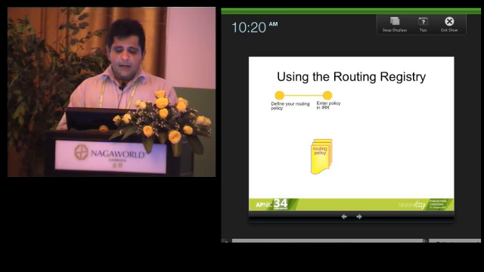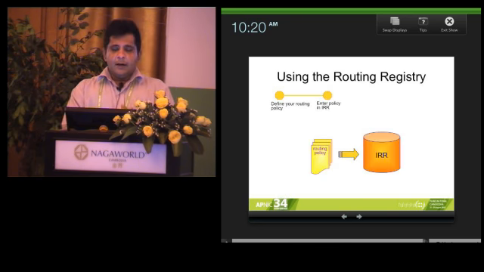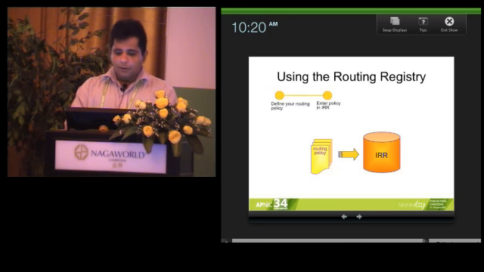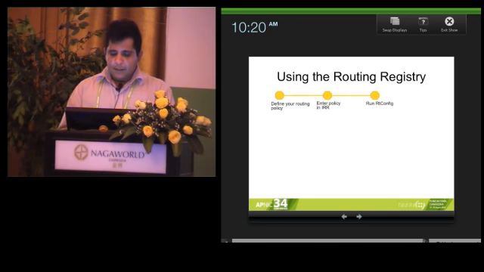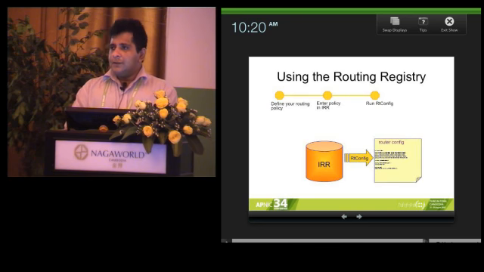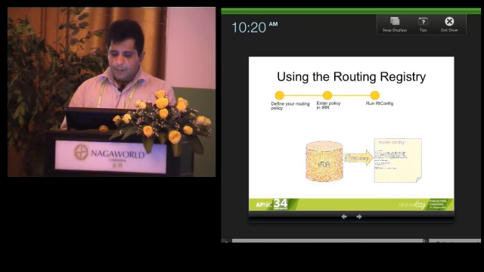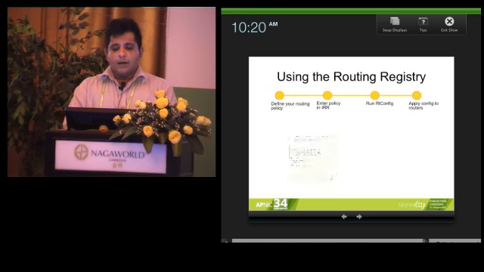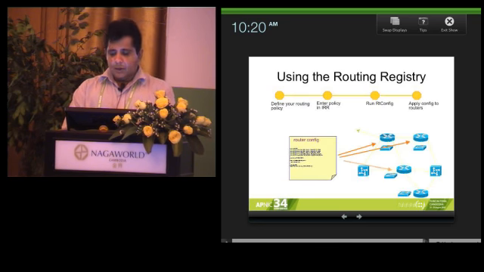So first of all, you have to do a bit of planning, the planning stage, define your routing policies, and then enter that routing policy into the IRR, and after that, run tools like rtconfig, the IRR toolset, which I mentioned to you, right? You can run that, and then after that, you can apply those route configs to your routers. So this is a good way to do it.